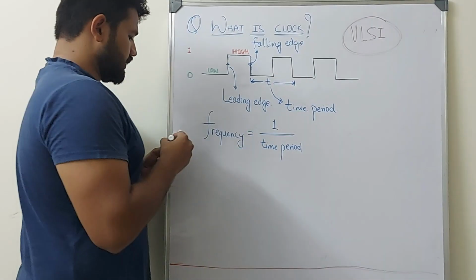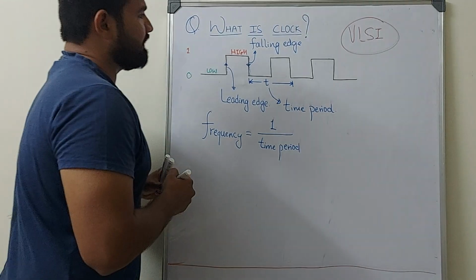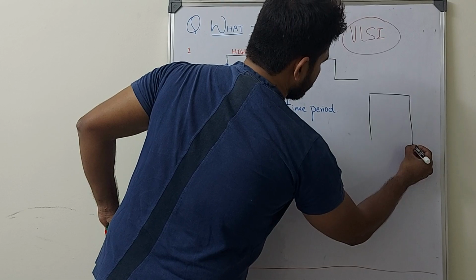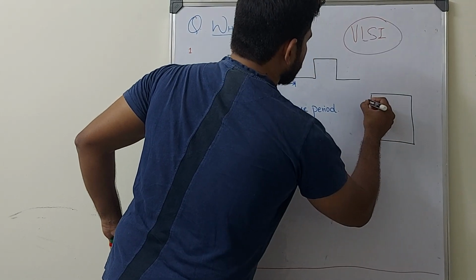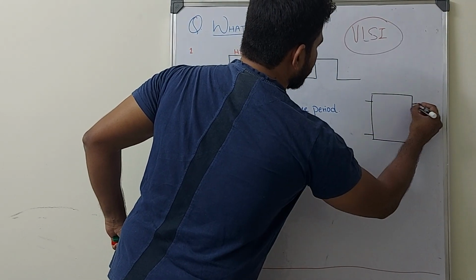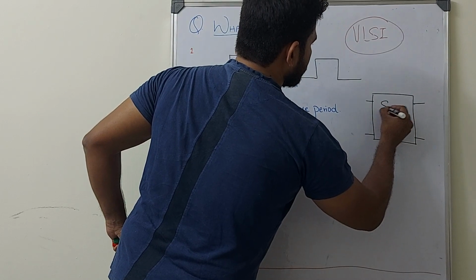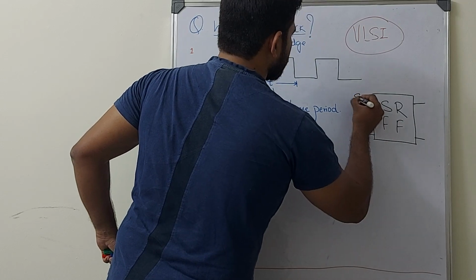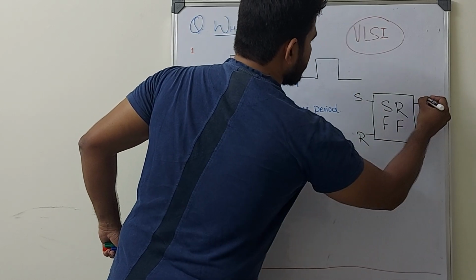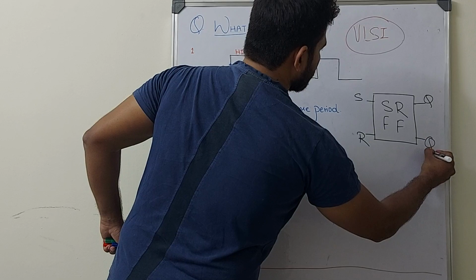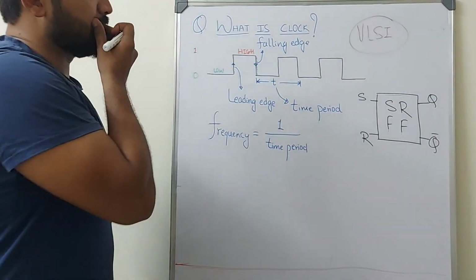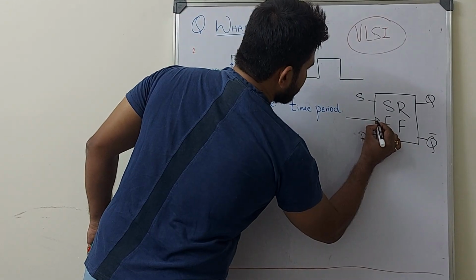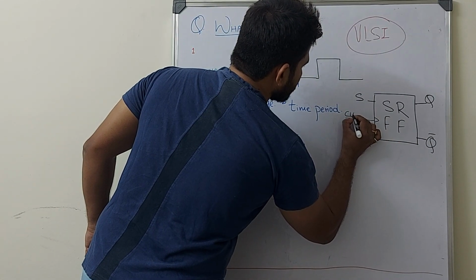Yes. So similarly, if we go now, one more topic. Suppose we have a flop over here. Suppose this is an SR flip flop. So these are the inputs, these are the outputs, and it is operated by a clock signal.